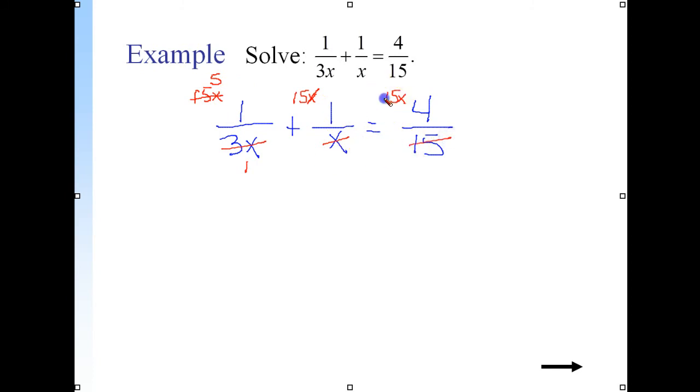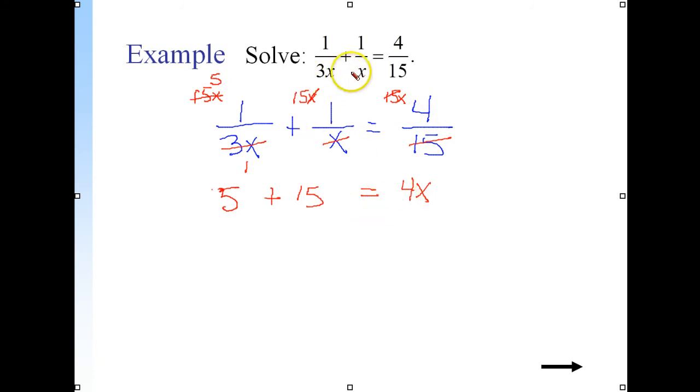Here the 15 cancels with the 15. So I now get 5x. No 5x, just plain 5. I'm thinking ahead already here. So 5 times 1 is 5, plus 15 times 1 is 15. X times 4 is 4x.